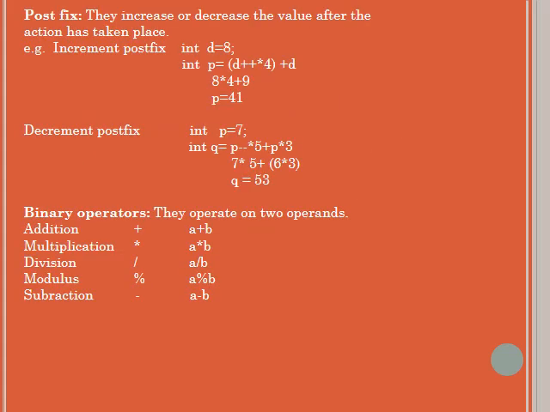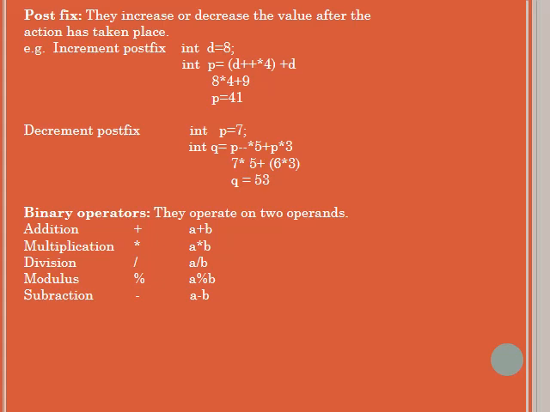Postfix: they increase or decrease the value after the action has taken place. Example, increment postfix: int d = 8, int p = d++ * 4 + d. Here the value of d is 8, and when it is used in the expression, it remains 8.